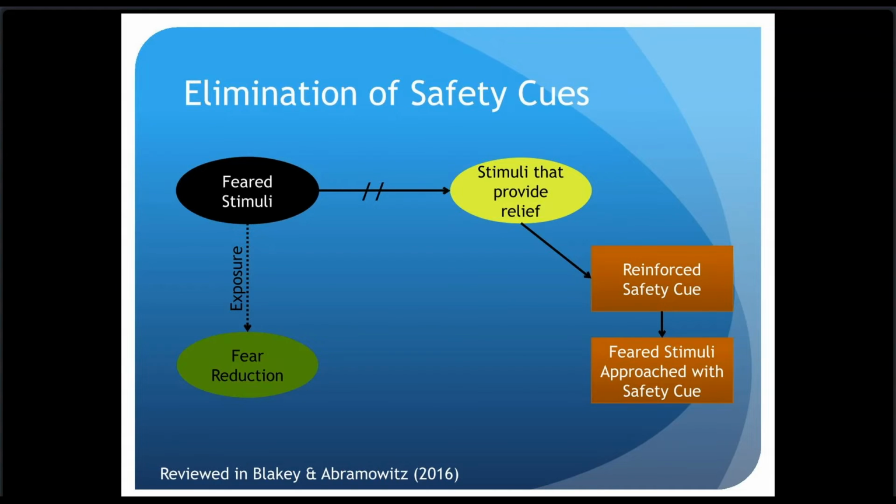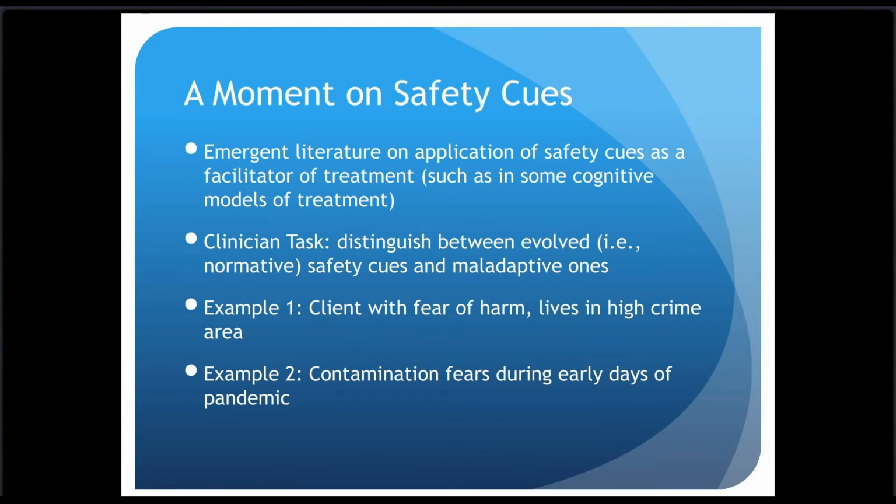Now, to be fair, one of the things that's worth knowing is that in cognitive models of treatment, there's a lot of discussion about safety cues and whether or not some judicious inclusion of safety cues can be a facilitator of treatment. From my perspective, safety cues are also something that we've developed for adaptive reasons, right? The idea here is that evolution favors overcorrection.